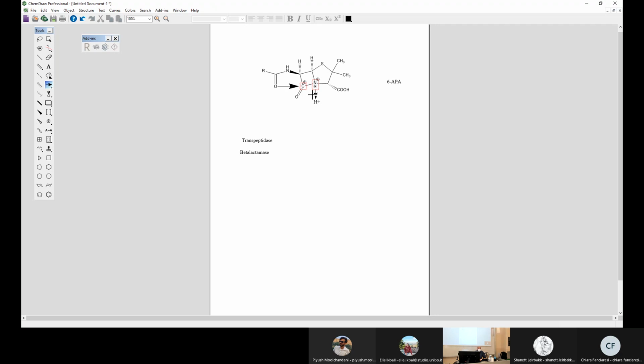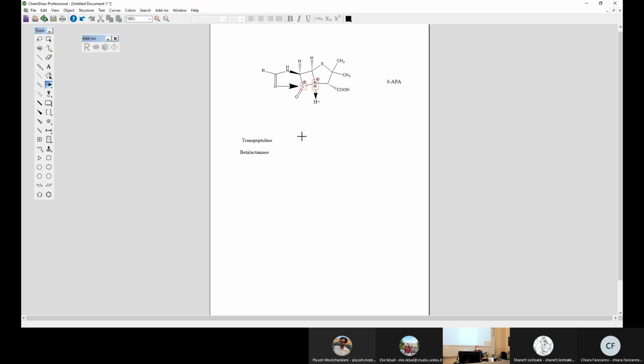Is it clear? Do you have any questions? Another question is how we can increase the stability of this compound in acidic condition.